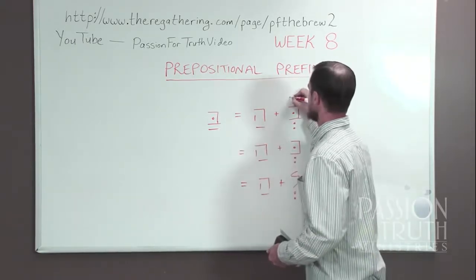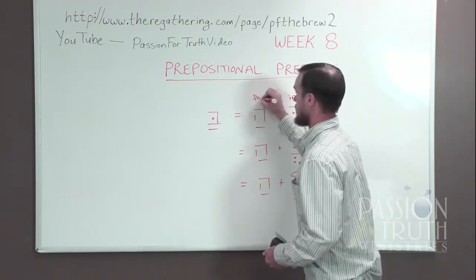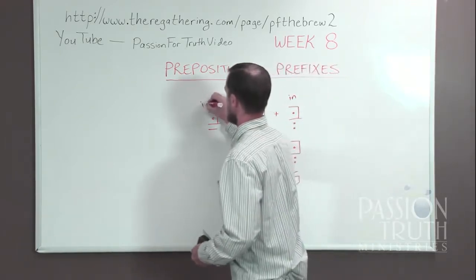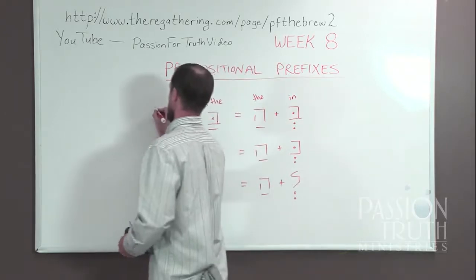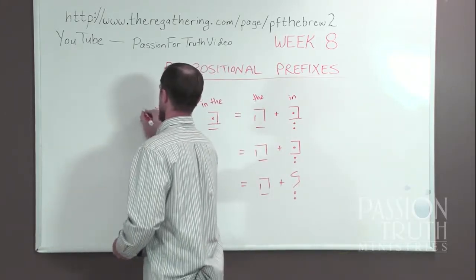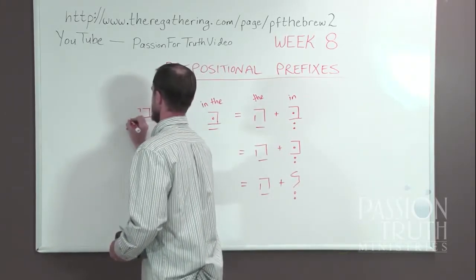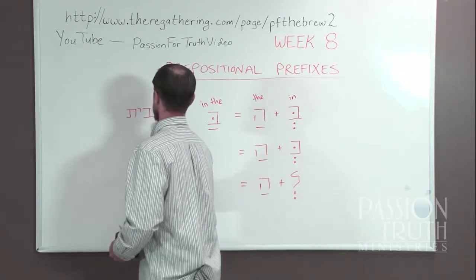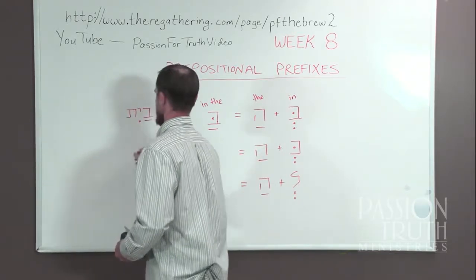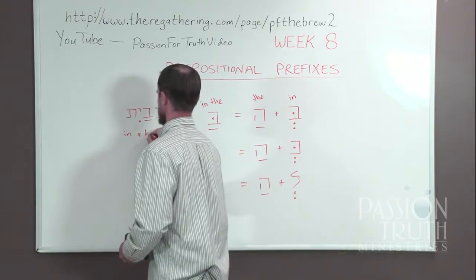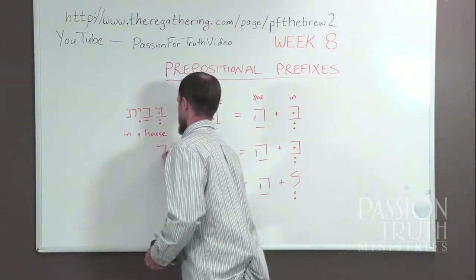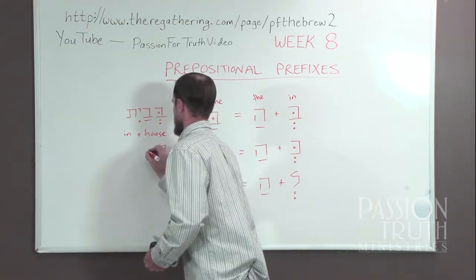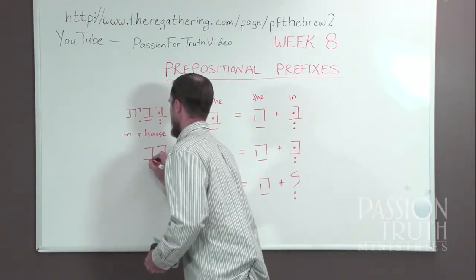Also, drop the ha. The hey drops off entirely. So in the house, in a house would be babayit. This is in a house. In the house would be babayit.